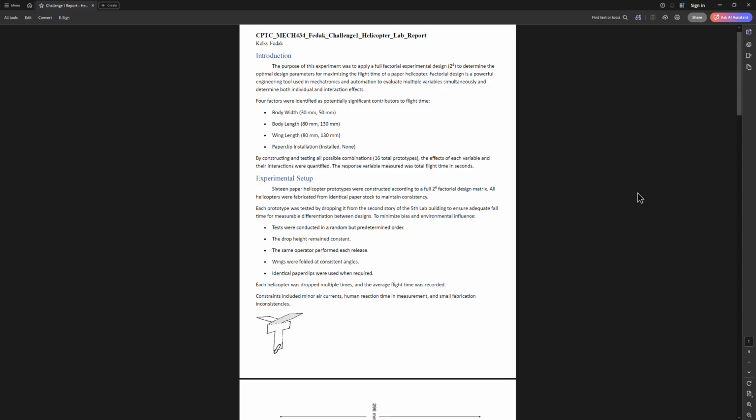And then the third factor was the wing length at 80 millimeters and 130 millimeters. And then the fourth factor was whether or not the paperclip was installed on the helicopter, which obviously changes the weight and the center of gravity.